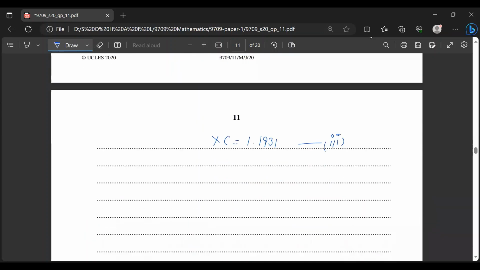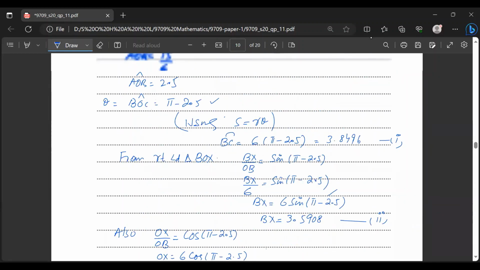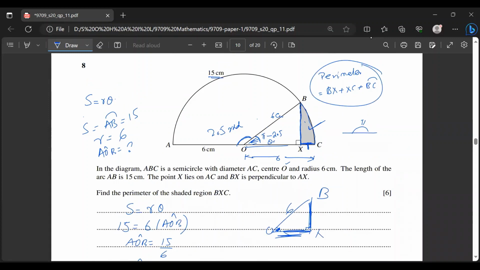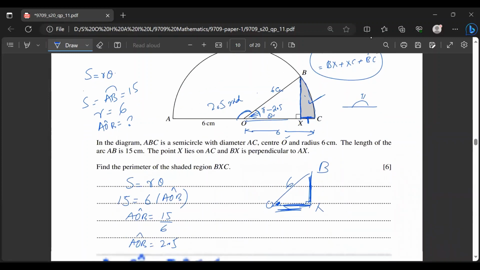And finally, the perimeter of the shaded region BXC is the sum of BX plus XC plus BC.